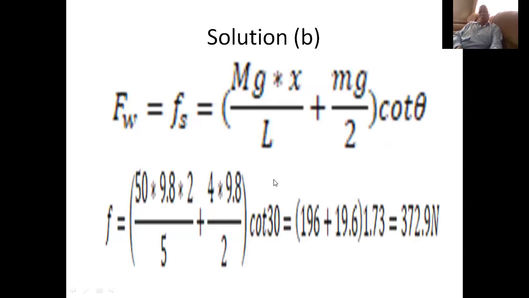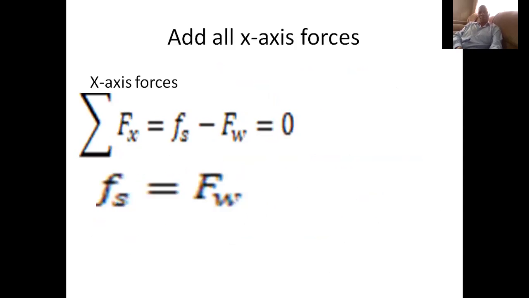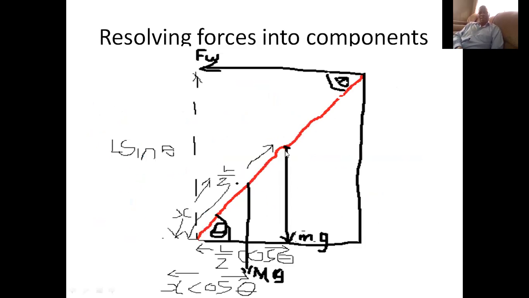In other words, we want to find out what happens to the friction when this ladder comes closer to the wall. And by this ladder coming closer to the wall, it means that the angle is increasing. So what will happen to the friction force here?